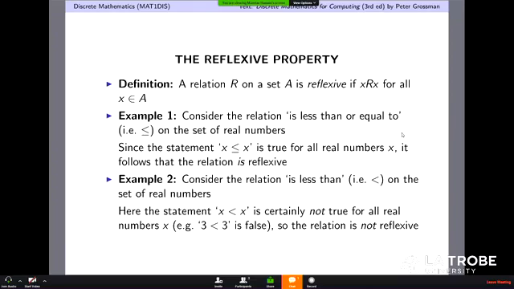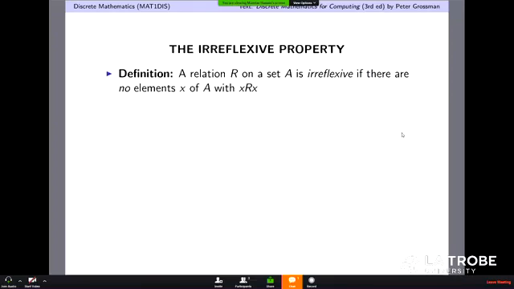Now here the distinction that you have to keep in mind, we are talking about for all. If x is related to x, and that property holds for all. Okay. Then when we move on to the irreflexive property, we are saying no elements. They are not opposites of each other.